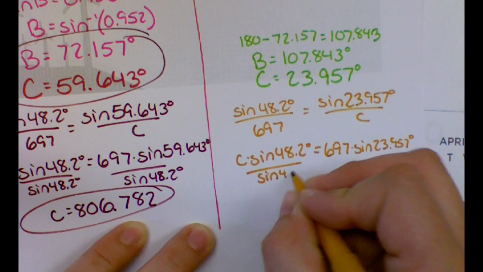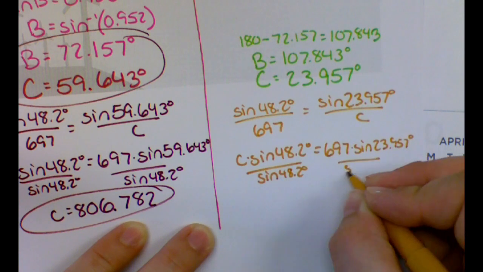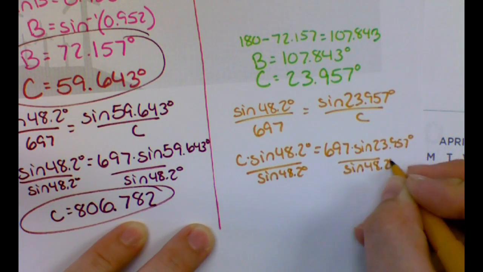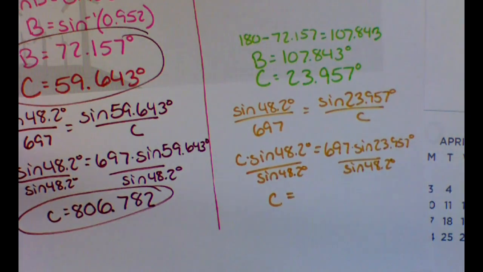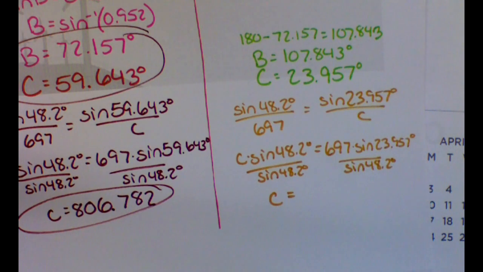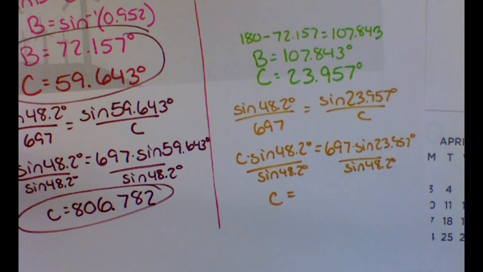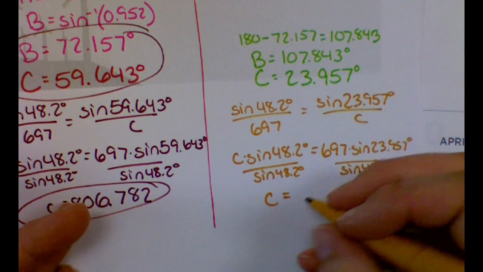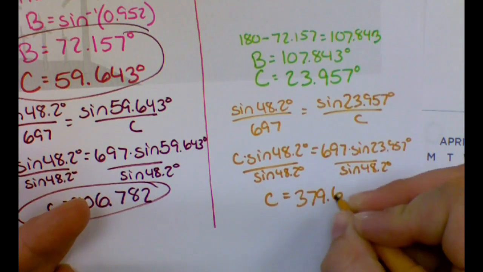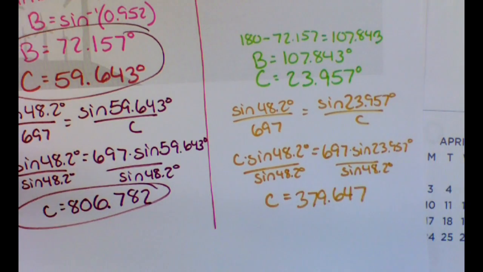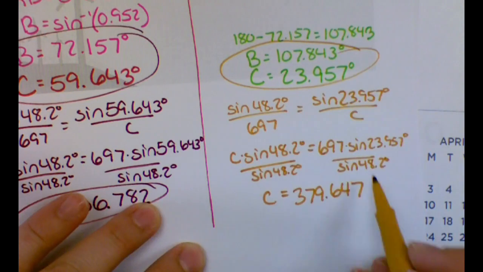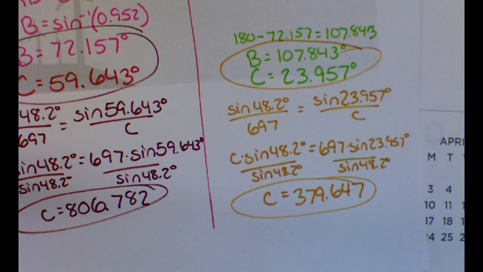Divide by the sine of 48.2. I get that side C is 379.647. So for my other triangle, quite different measurements. There we have it.